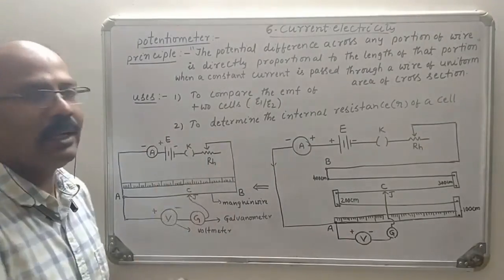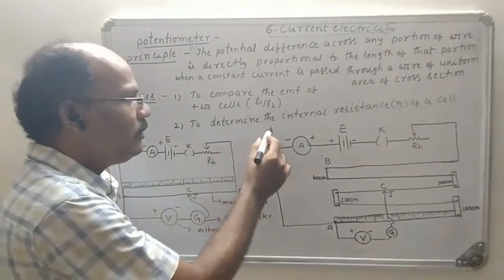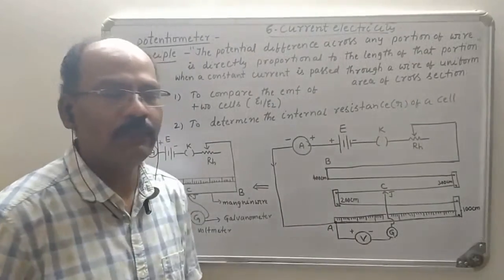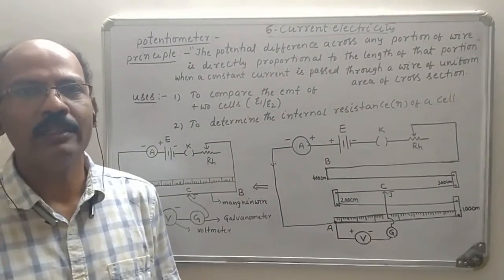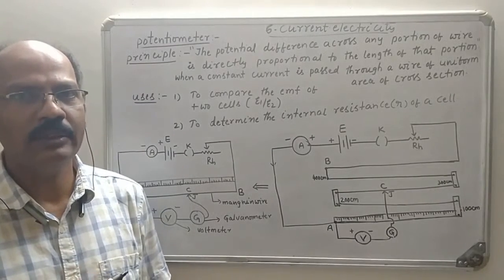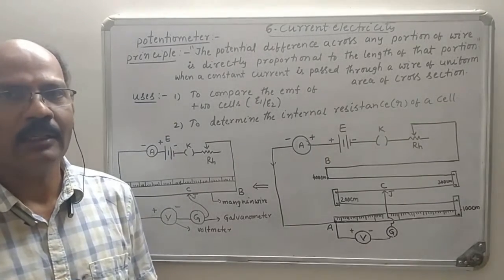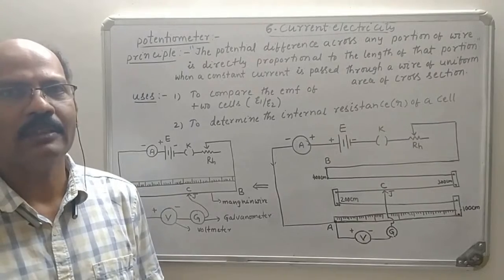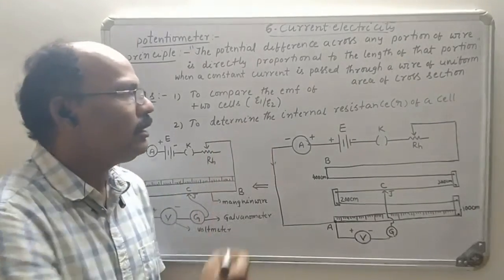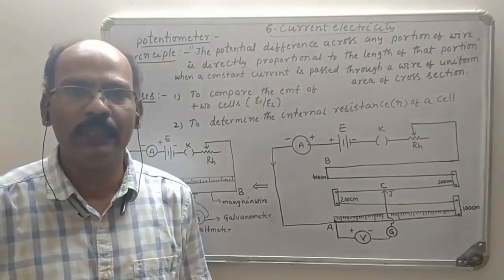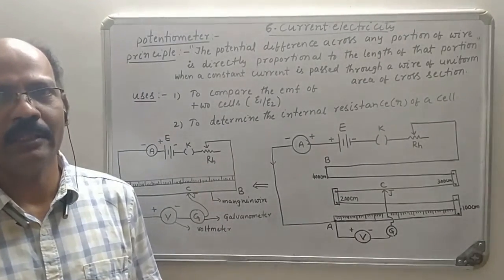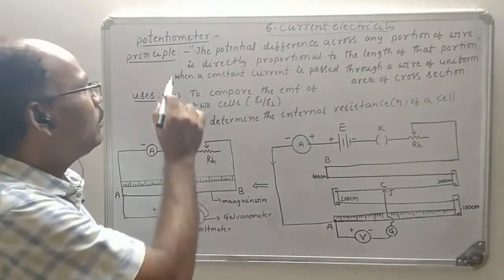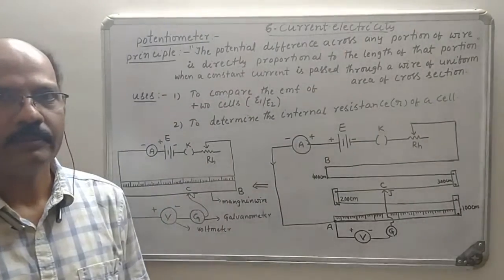And coming to the second use, to determine the internal resistance of any given cell, which can be represented by small r. So these are the two important uses to be discussed, and we will derive the mathematical relations by using the potentiometer principle.